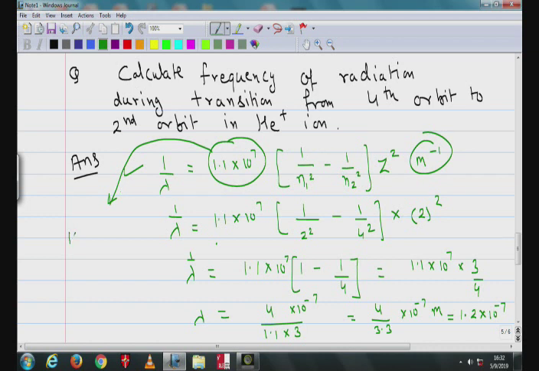The value was 109677, and after putting the decimal, we will get the 5. And if we convert this into meters, it will become 7. That has been already discussed in the previous classes.